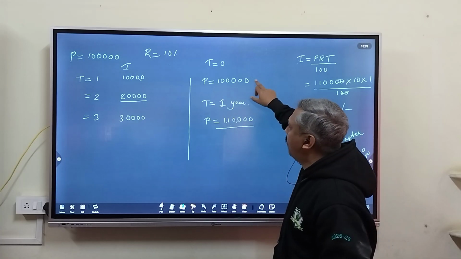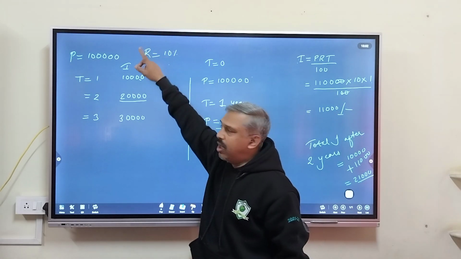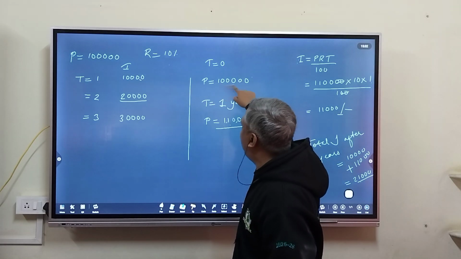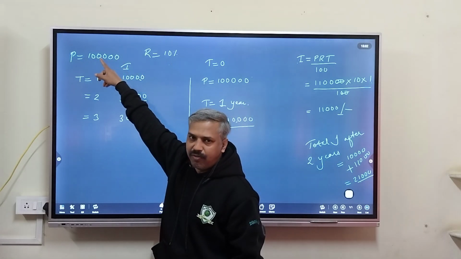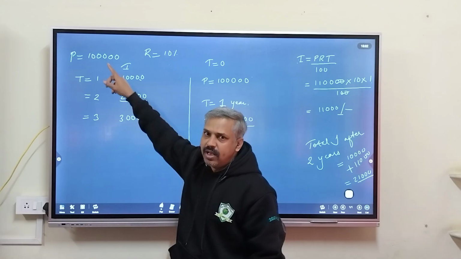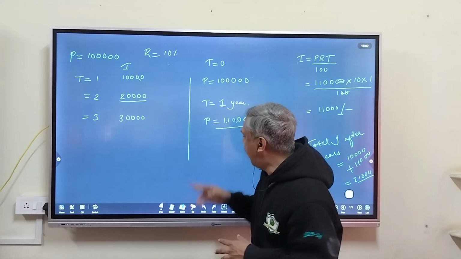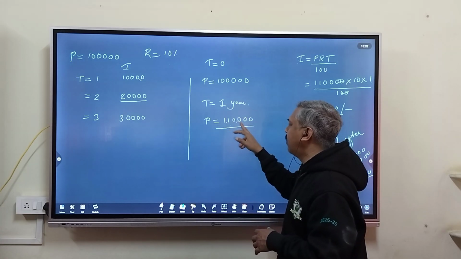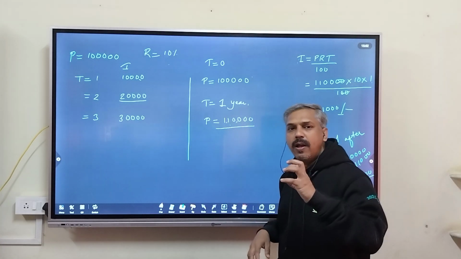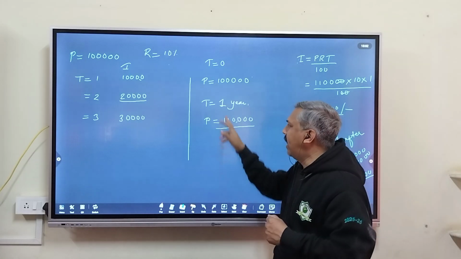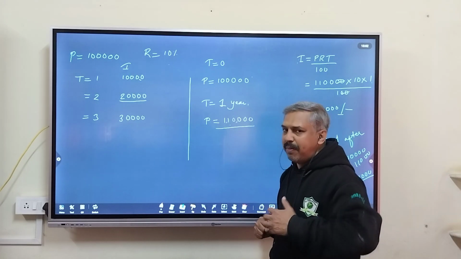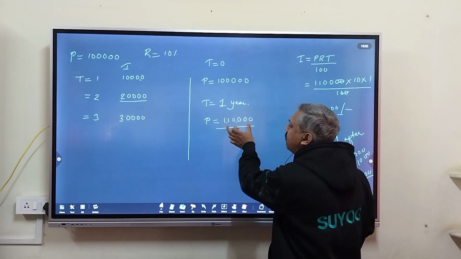So 1 lakh rupees was the principal initially, 10,000 was the interest. They together get added, and 1,10,000 is the total amount that I have to pay at the end of 1 year. But because I don't pay it, this amount becomes the principal amount.